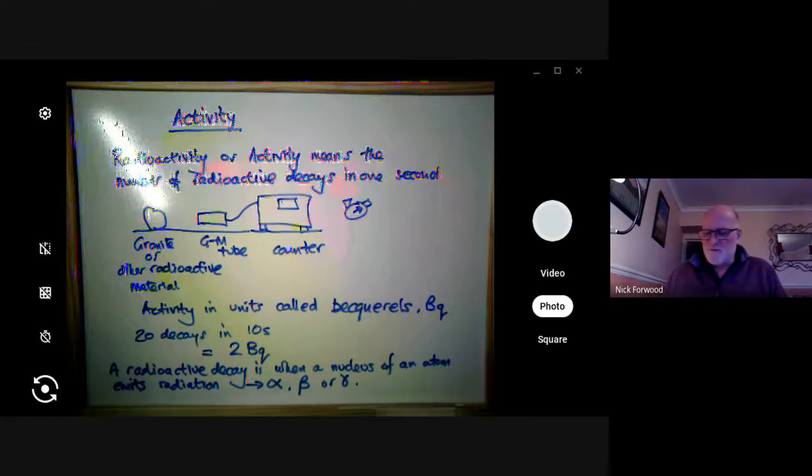Some people have been having a bit of trouble with pausing and rewinding Google Meets, so there will be a YouTube version of this as well, exactly the same, whichever one works for you, either the Google Meet recording or the YouTube recording. Pause, stop, rewind, make sure you get everything here written in your red jotter.